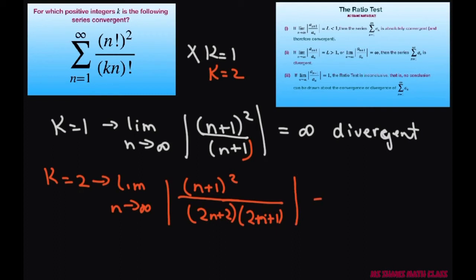When you simplify all this, the numerator ends up being 1, and in the denominator, if you divide each piece by n, that's just going to be 1 over 4. So that's less than 1. Using the ratio test, that means this is convergent.